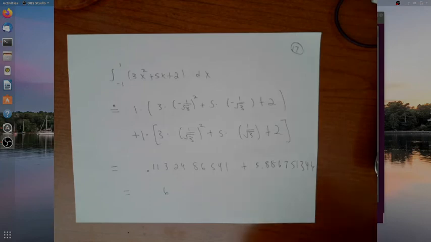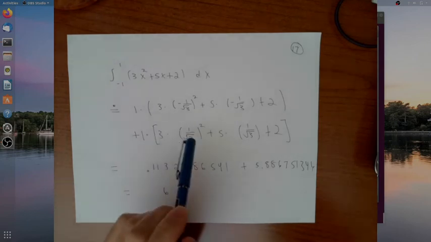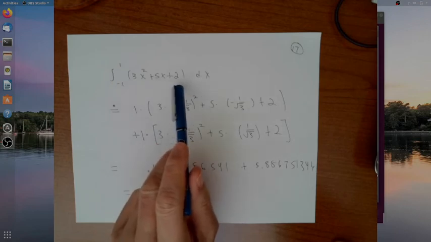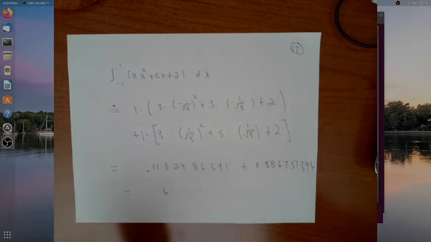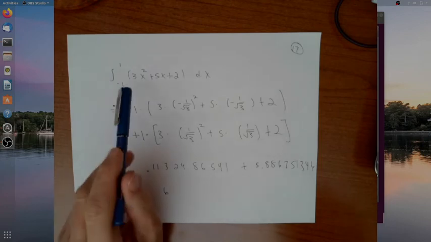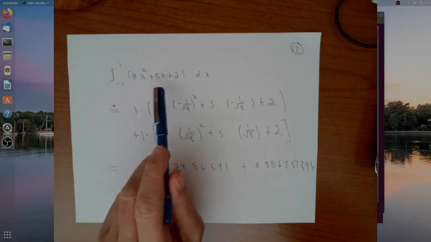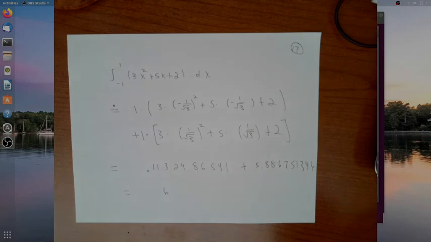As a sanity check, I'm going to look at the integral from -1 to +1 of 3x squared plus 5x plus 2. This is a polynomial of degree less than or equal to 3. The way integrals work, this is the integral of 3x squared plus the integral of 5x plus the integral of 2. And again, because of the way integrals work, that would be 3 times the integral of x squared plus 5 times the integral of x plus 2 times the integral of 1, each one of which my approximation method gives me the exact result.